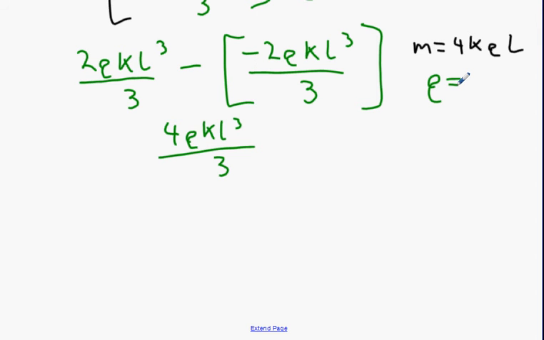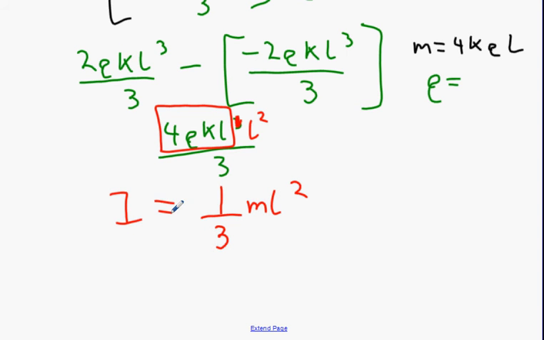I have every letter I want. I have the 4, I have the rho, I have the k, and I have 1 L. Break that L cubed into L by L squared, and I can just directly substitute all that in for m. Don't even have to do it the other way, it's much easier this way. A third ml squared is the inertia.